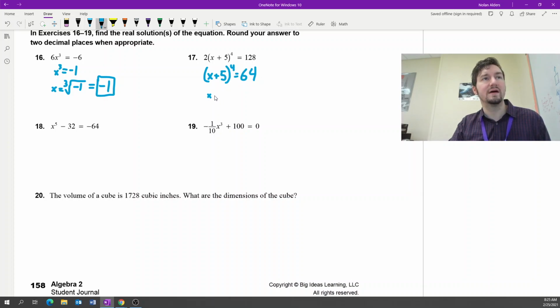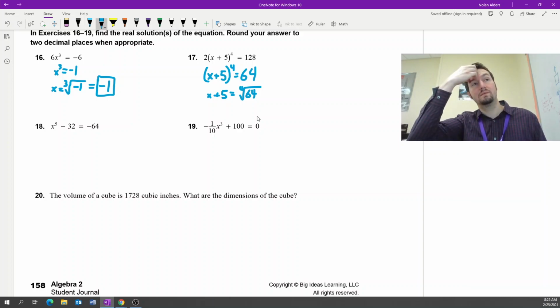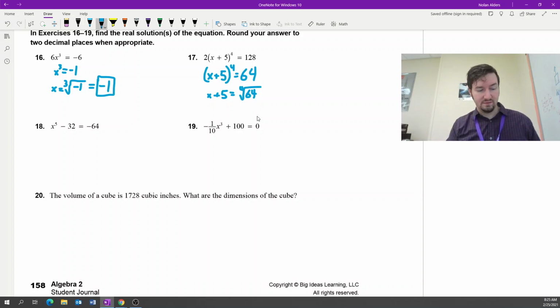So we'll have x plus 5 equals the 4th root of 64, which I think, let's see, is that 2? 2 times 2 is 4 times 2 is 8 times 2 is 16. The 4th root of 64.